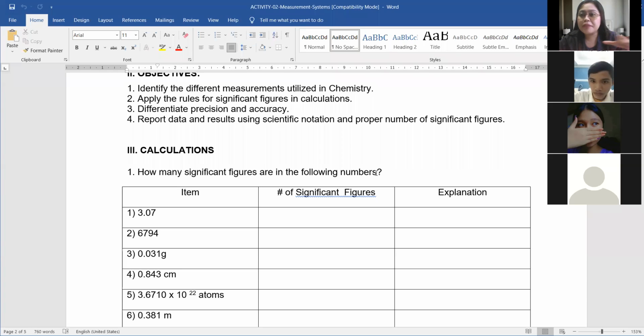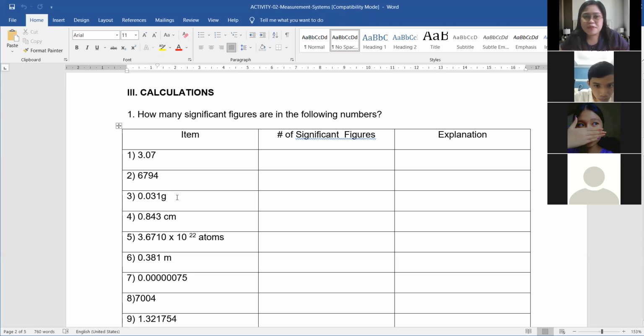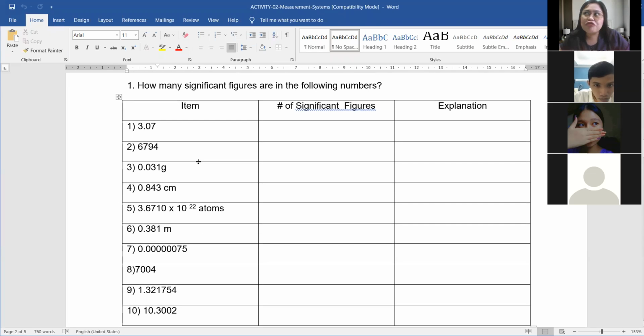And then differentiate precision and accuracy. And lastly, report the data and results using scientific notation and the proper number of significant figures. So sa first part, sa calculation, since this is problem solving, you have to fill in the table. Ang nandito, how many significant figures are in the following numbers?